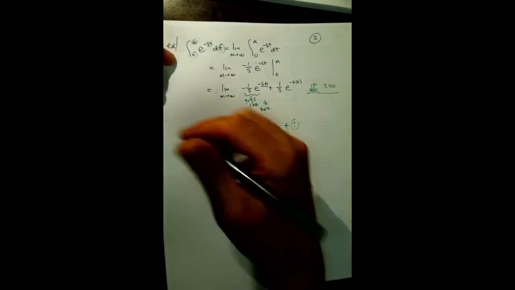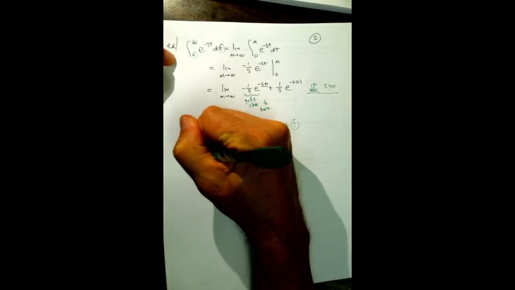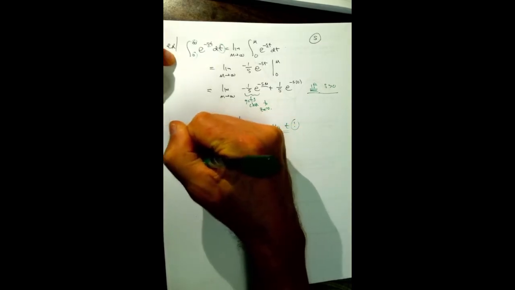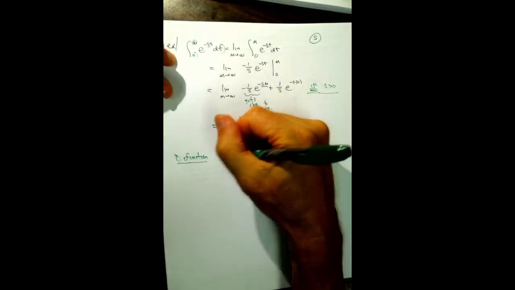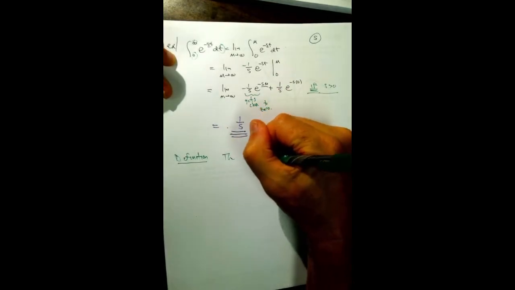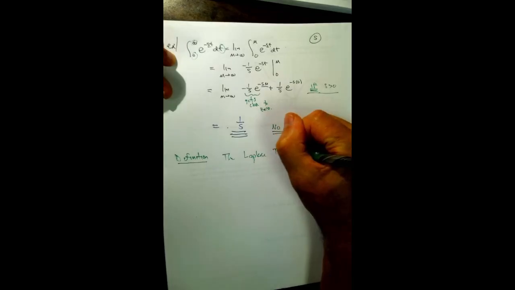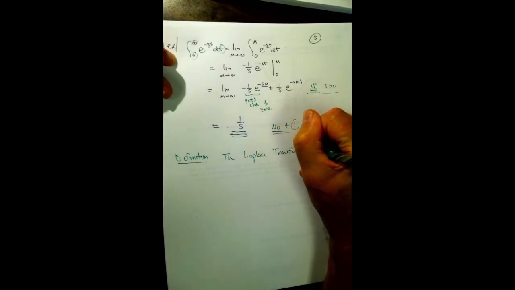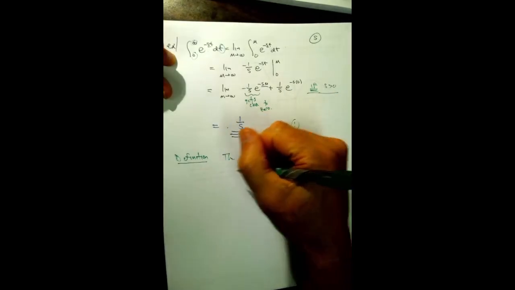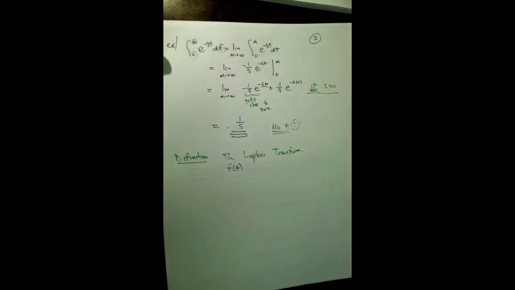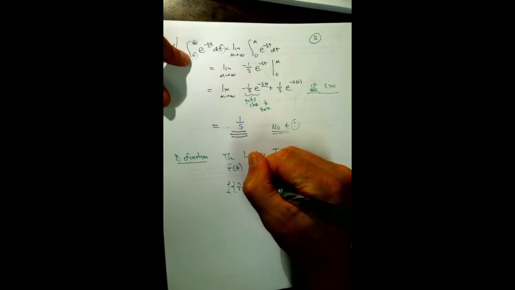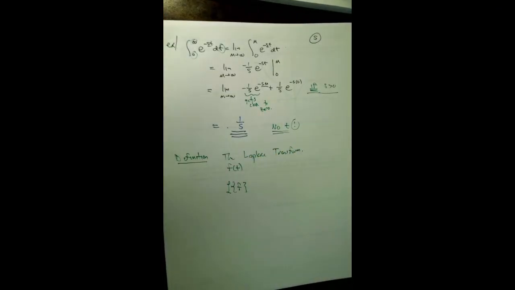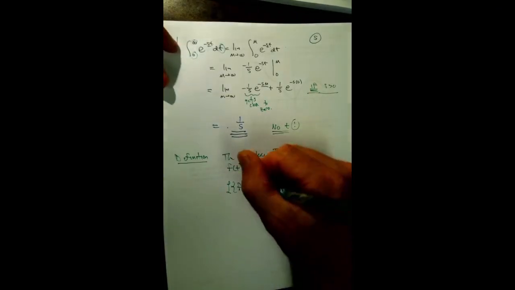This is going to give us a definition, and this definition is going to be something called the Laplace transform. The idea is we're going to take a function f of t, and the notation is we're going to call it script L of f.